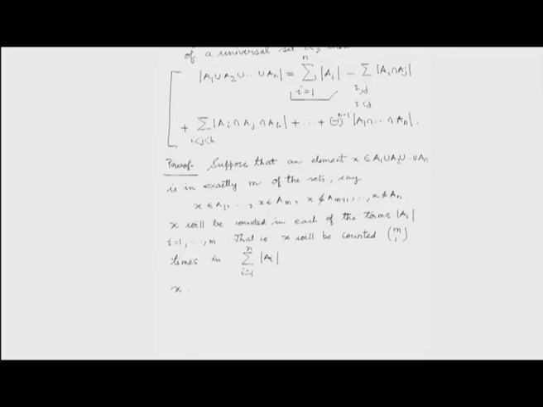Similarly, x will be counted m choose 2 many times in the sigma of A_i intersection A_j. x will be counted m choose 3 many times in the sigma of A_i intersection A_j intersection A_k, and so on.